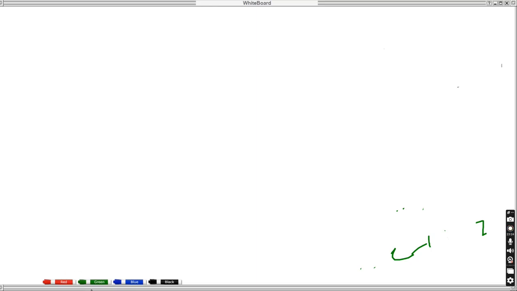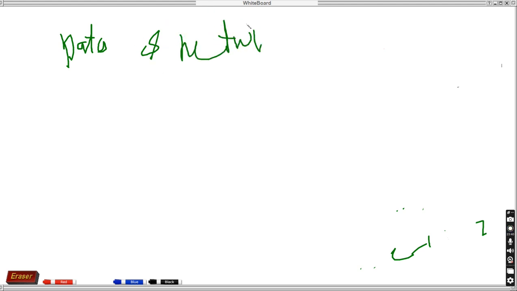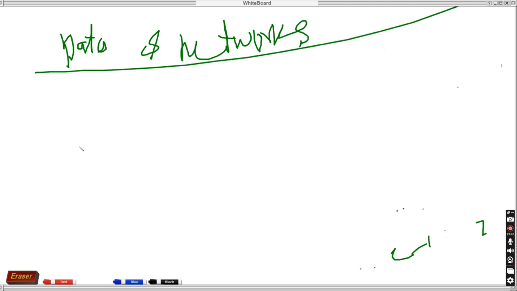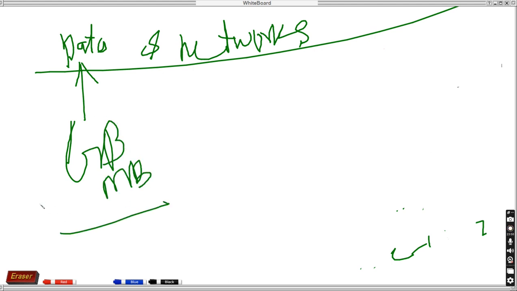What is it? Data and networks. Data means, as all of you know, GB, MB, your data, like storage.